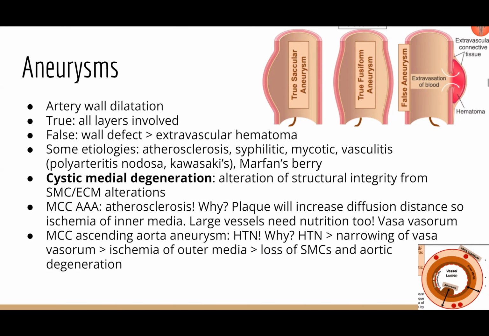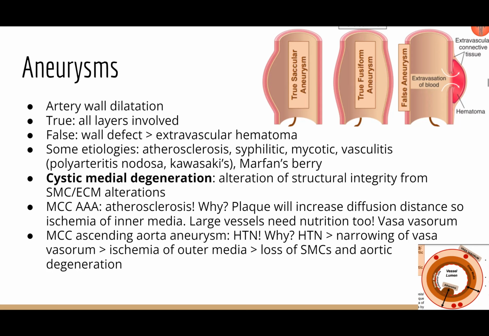That's very important. The most common cause of AAA, which is abdominal aortic aneurysm, that's atherosclerosis, and that's different from the ascending aorta. But why? Because the plaque is going to increase diffusion distance, so you're going to get ischemia of the inner media. I have the picture down at the very bottom. So what is the basis of this?